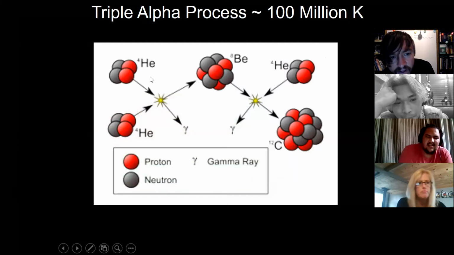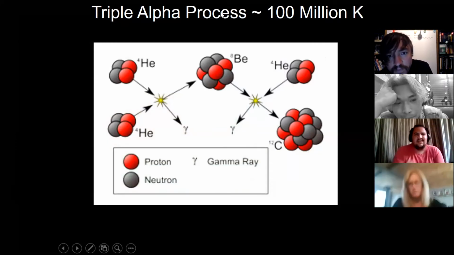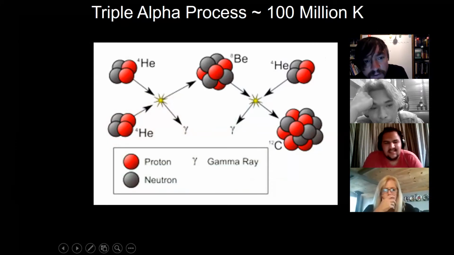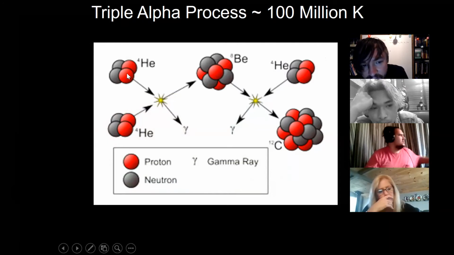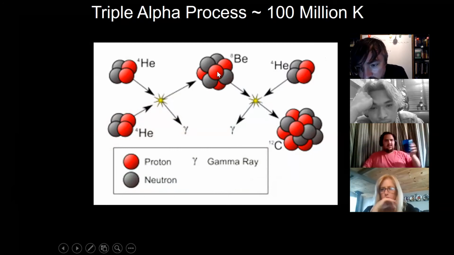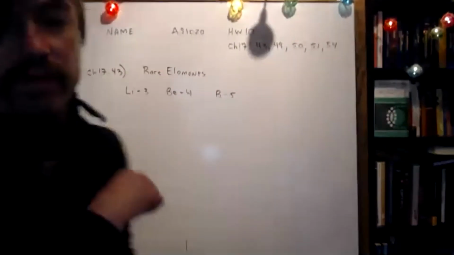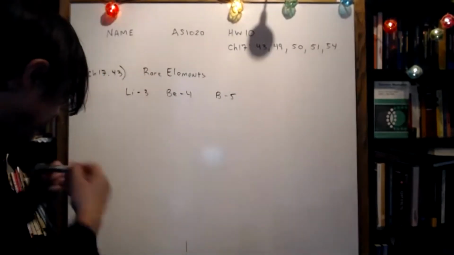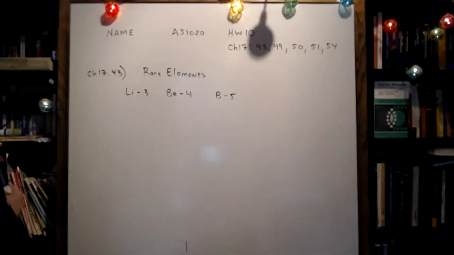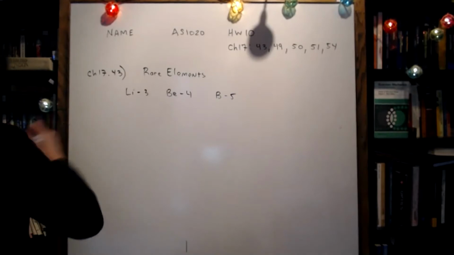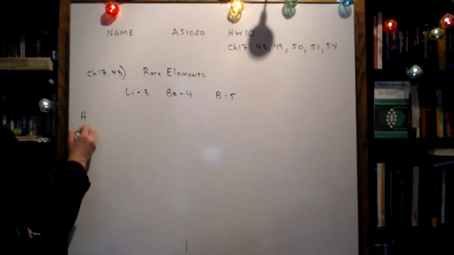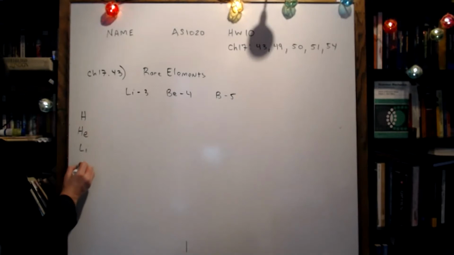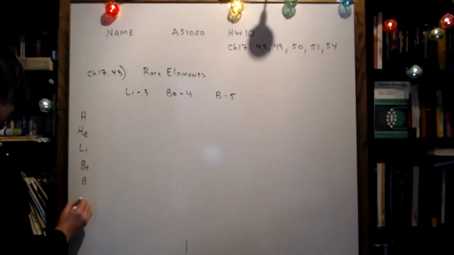Yeah, basically like first the heliums fuse. You know, how many protons does helium have? 2. So if you add a helium plus a helium, 2 plus 2 equals 4. And then if you add 4 to another 2, you get 6. Maybe we got to draw this out. Okay, so before we can write the answer to this question, there are 2 pieces of the puzzle that you need. First of all, you got to know what the atoms look like, right? So let's draw the number of protons in hydrogen, helium, lithium, beryllium, boron, and carbon.